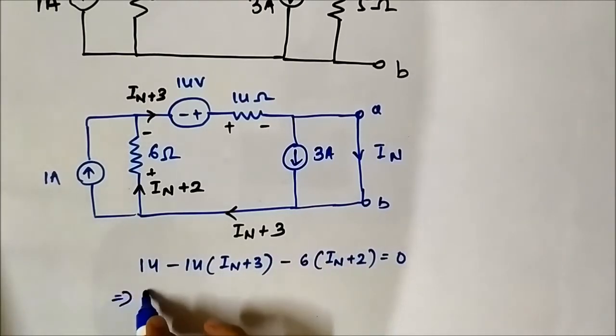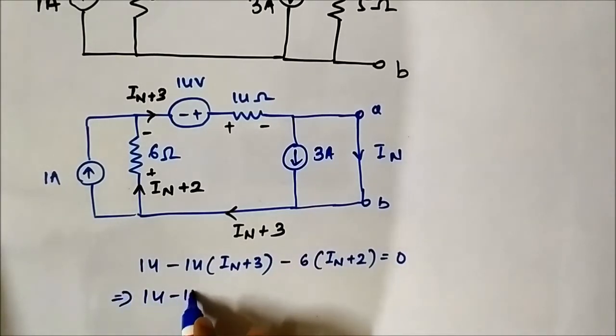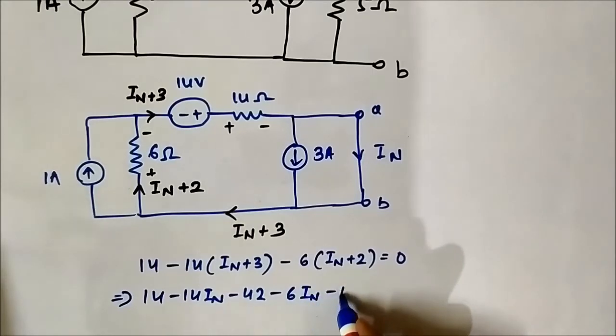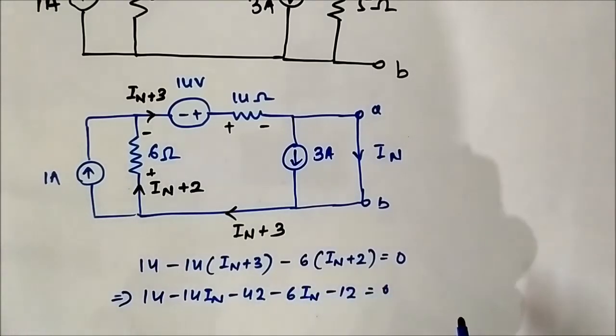That implies 14 minus 14 IN minus 42 minus 6 IN minus 12 is equal to 0.